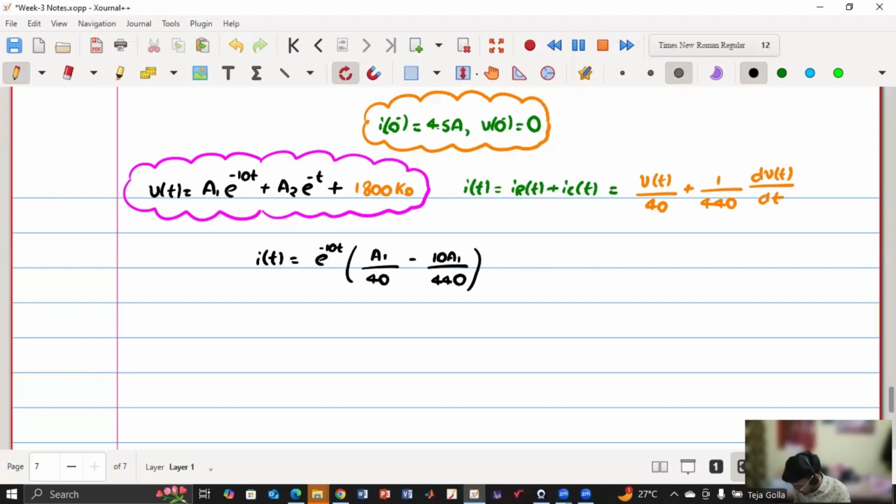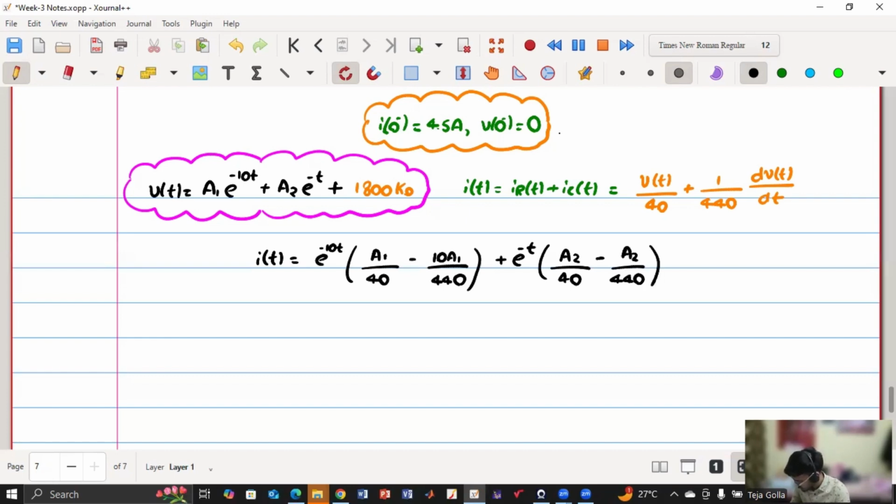And then for e to the power minus t, what will be the coefficient? Minus A2 by 440, right?